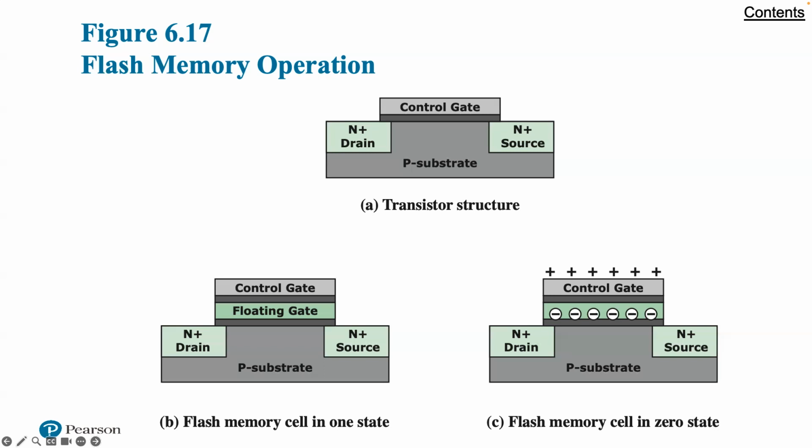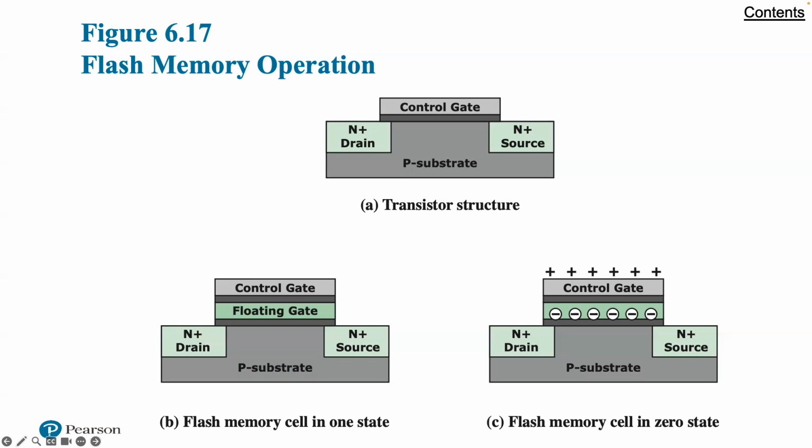Applying a large voltage across the oxide layer causes electrons to tunnel through it and become trapped on the floating gate, where they remain even if the power is disconnected. We see that in figure 6.17C. In this state, the cell is deemed to represent binary 0. The state of the cell can be read by using external circuitry to test whether the transistor is working or not.